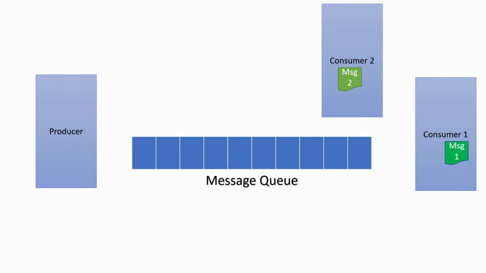Once the producer produces a message, all the subscribers receive that same message. So that's the basic difference between the pub sub pattern and this message queue. We'll be discussing the pub sub pattern in more detail, with animation, in the coming video.